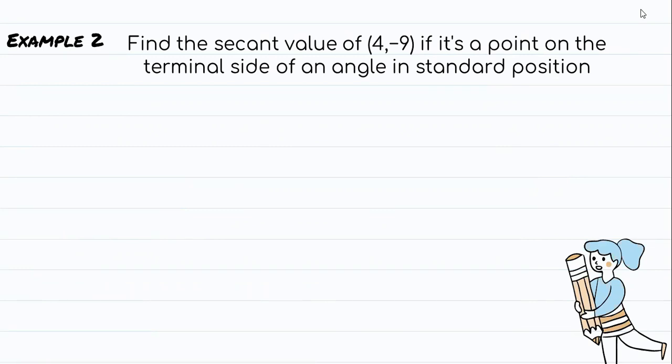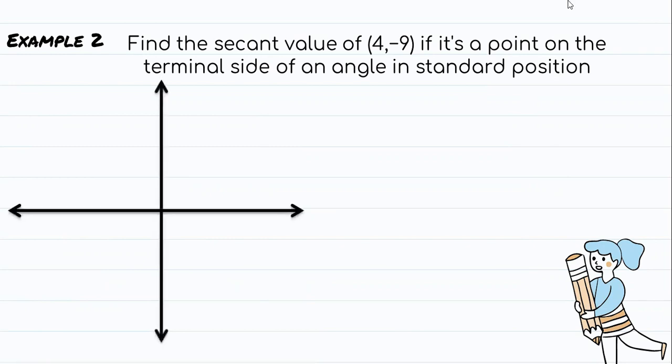So let's have example number 2. Find the secant value of (4, negative 9) if it's a point on the terminal side of an angle in standard position. So first step again is for us to illustrate the given, on which we have 4 as x and negative 9 as y.